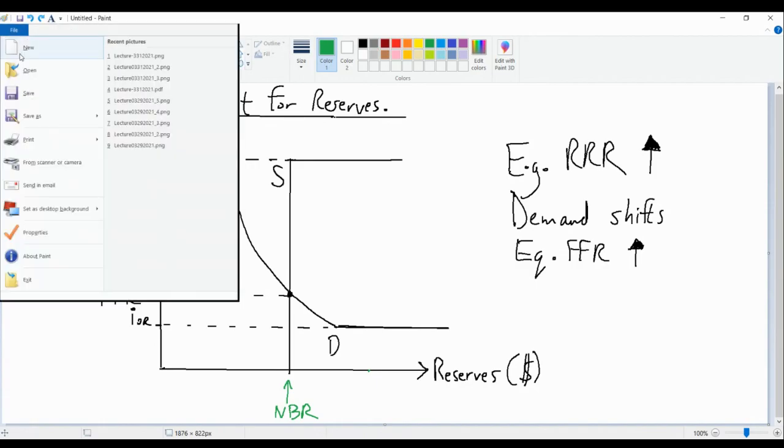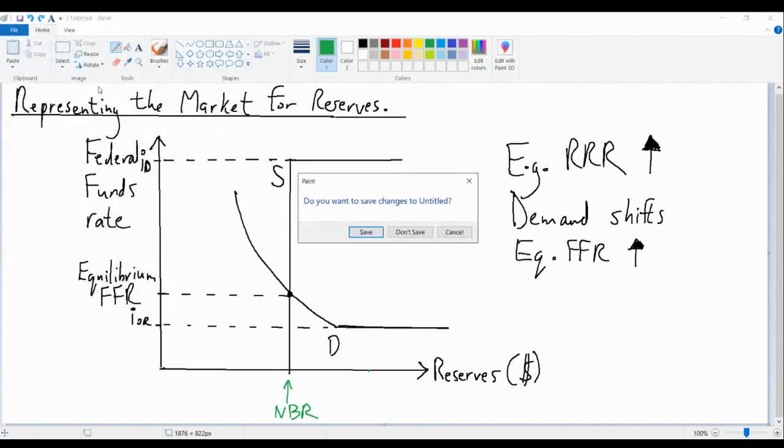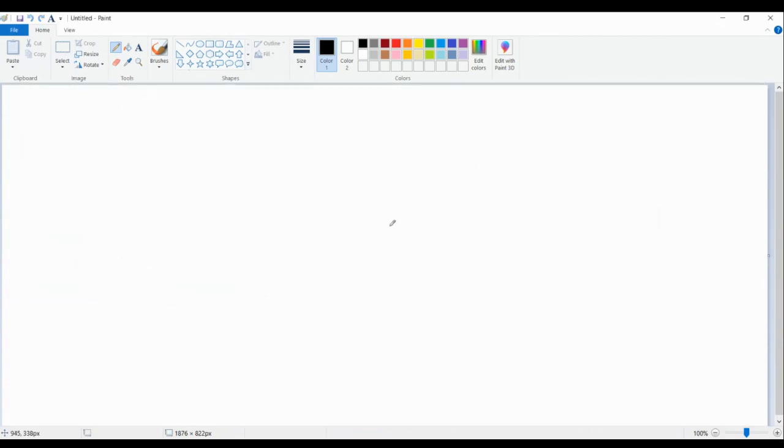Then the last thing to discuss, as mentioned, was that in all of this we've referred to tools of monetary policy. And so far we've been focusing on the reserves part of all of this. But ultimately, if we're changing reserves, we need to remember that reserves are part of the monetary base.